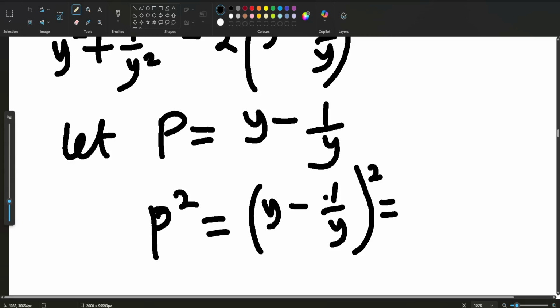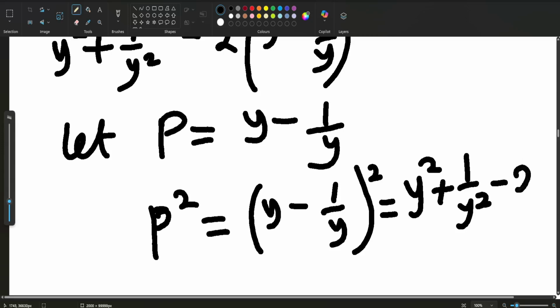You square this now, it's going to be y squared, and the last term is going to be plus 1 over y squared, then multiply the 2, that's minus 1, then times 2, that will be -2, right? -2.